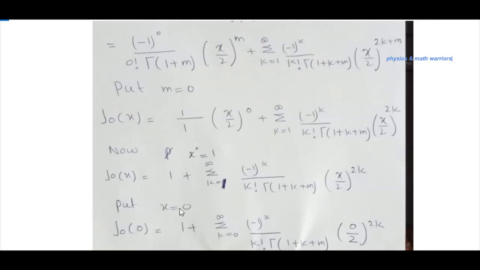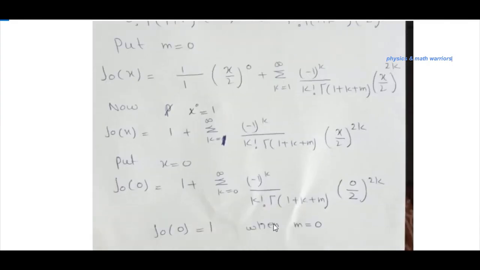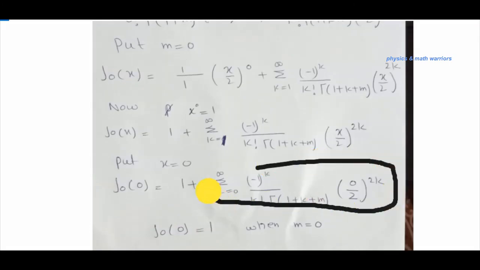Now put x equal to 0. So the above equation becomes J 0 of 0 is equal to 1 plus the summation k equal to 1 to infinity of minus 1 raised to power k over k factorial gamma of 1 plus k plus m, times 0 over 2 raised to power 2k, and this term is equal to 0.